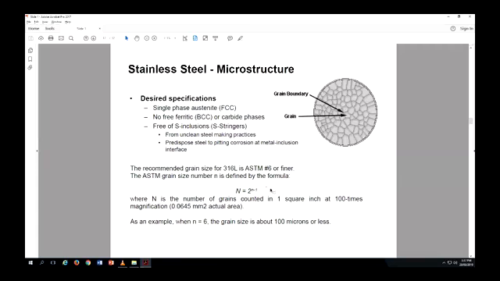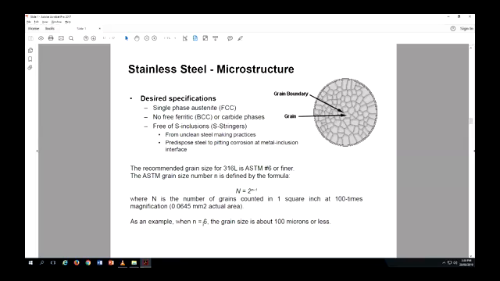So ASTM actually requires a number of 6, and this is a formula that they have figured out. In here, big N is the number of grains counted in 1 square inch at 100 times magnification. So they look at a section of the fabricated metal under the microscope and count the number of grains they see within this area, right?